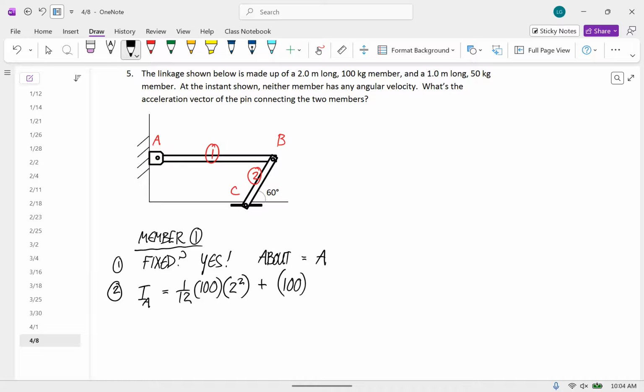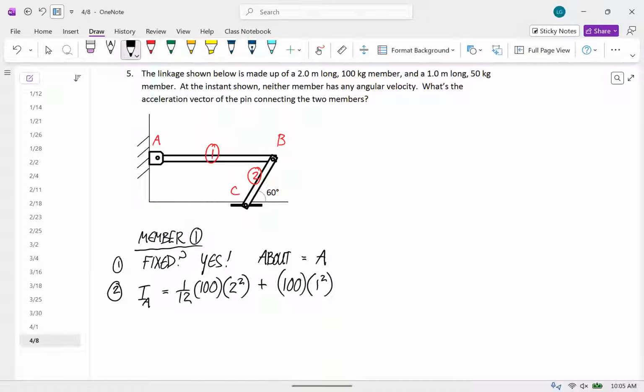times, someone give me the definition of that distance D. The distance from the center of mass to the about point. And so in this case, from the center of mass to the pin. So if the whole thing is 2 meters long, that distance is 1. We square that.